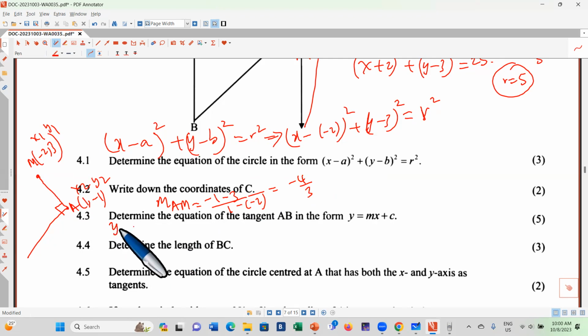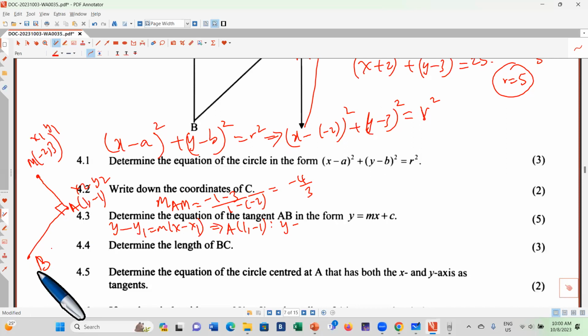So we have y minus y1 equals m into x minus x1. It passes through the point A, because we're interested in finding the equation of the line AB.